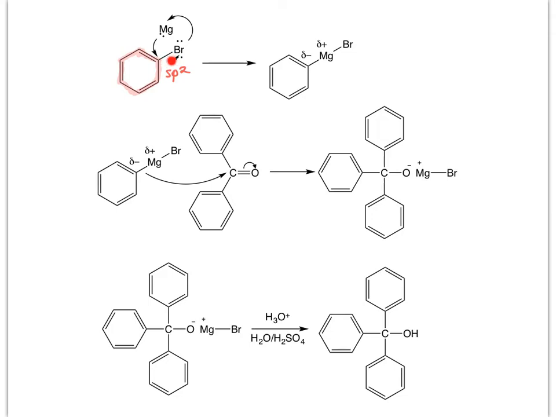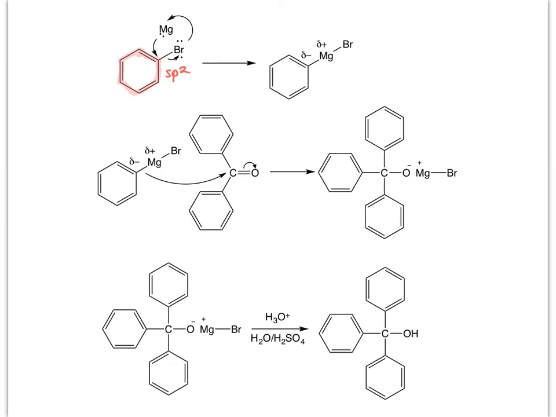You can see the electrons from bromine go to magnesium, which allows magnesium's electrons to go to the bromine. The interaction of magnesium with bromine makes bromine an even better leaving group. It can leave, and the magnesium ends up inserted between the carbon and the bromine. So now we have our Grignard.